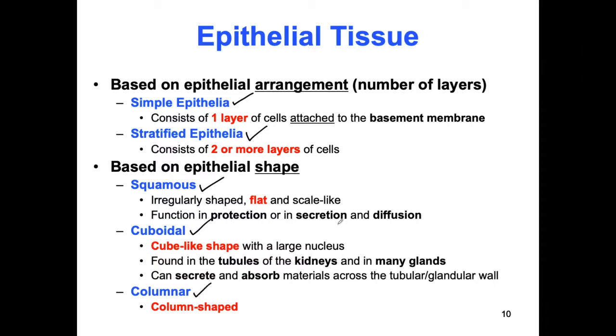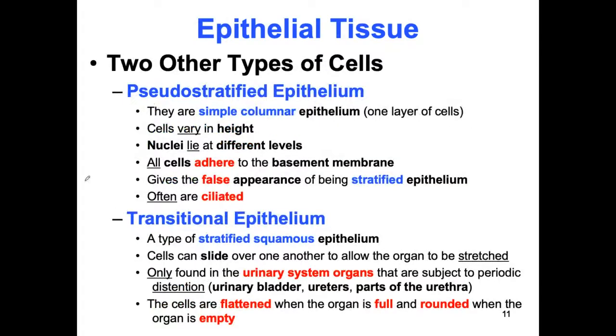The squamous is primarily for diffusion, protection and secretion. The cuboidal cells, we find them along the proximal and distal convoluted tubule of the kidneys. These are for secretion and absorption as well. And then the columnar, we'll see these in the respiratory tract around the trachea. We'll see it along the digestive tract as well for absorption of nutrients.